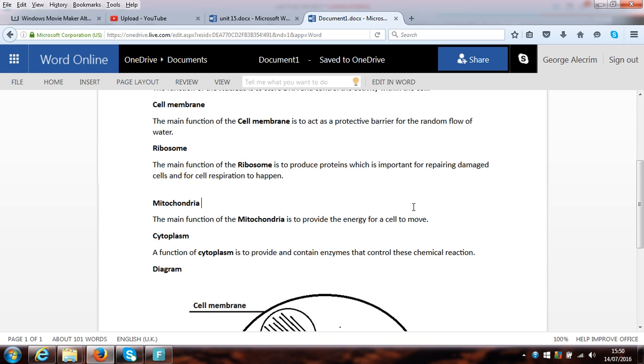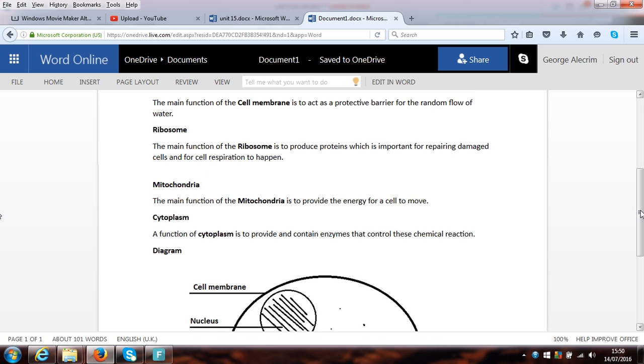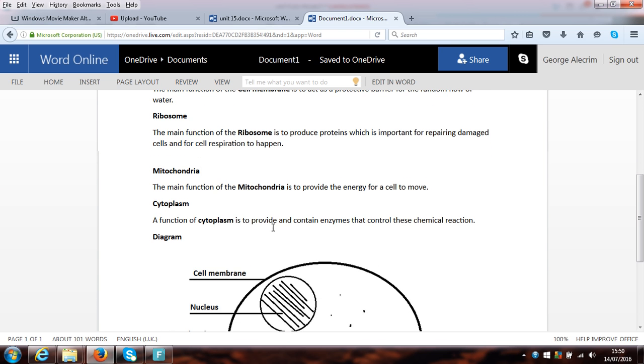So mitochondria is important. Mitochondrion, by the way, is the singular, meaning one, so mitochondria and mitochondrion are the same thing. Cytoplasm is where chemical reactions take place, and it also contains enzymes which also control the chemical reactions.